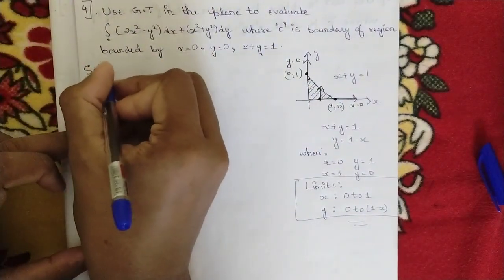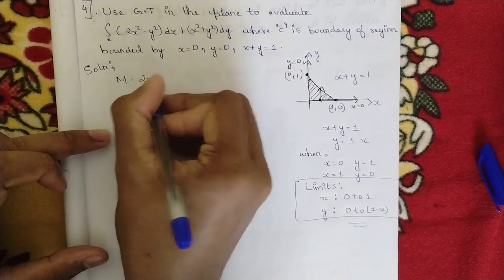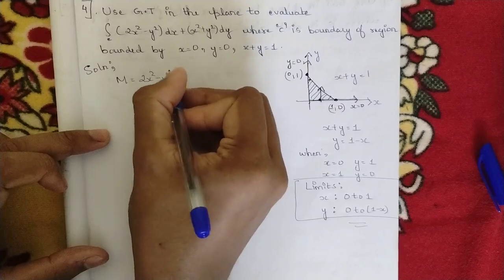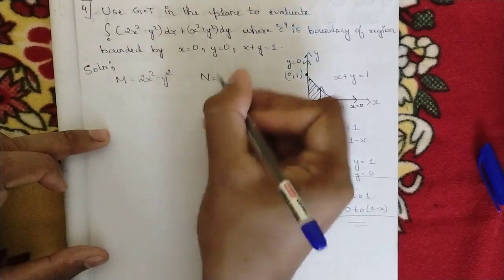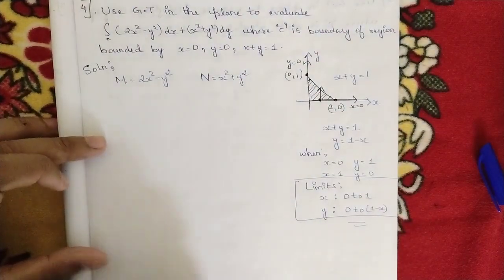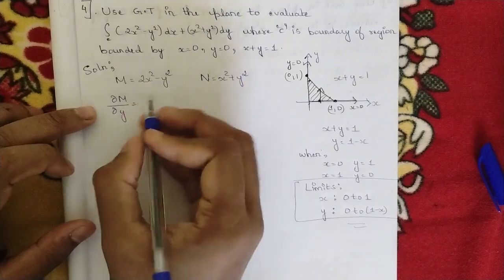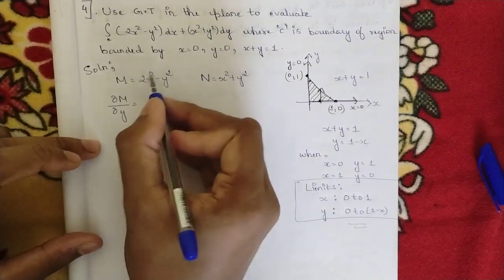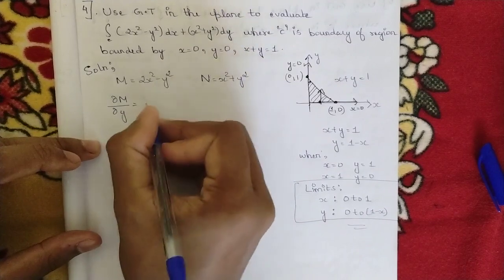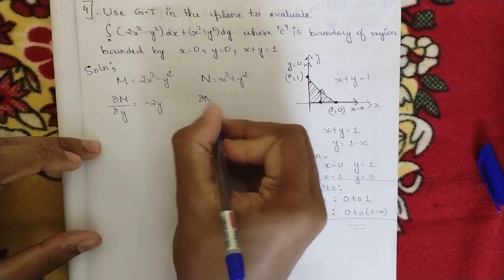Now in place of M, what is given? 2x square minus y square, and in place of N it is given as x square plus y square. First, dou M by dou y, that is partially differentiating with respect to y. Here we don't have any y term; here we have one y term. The differentiation of y square is 2y, so we have minus 2y.